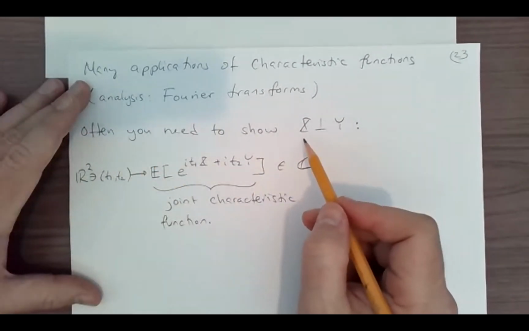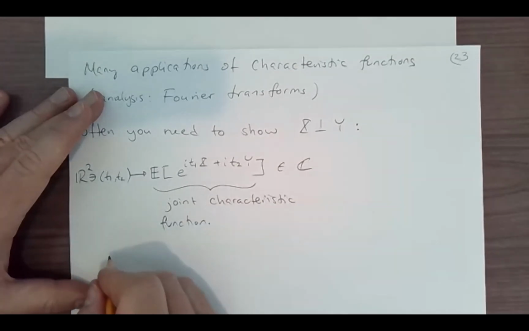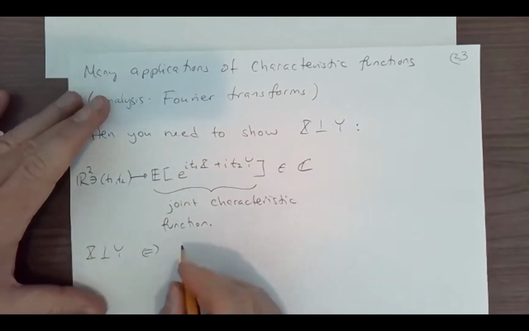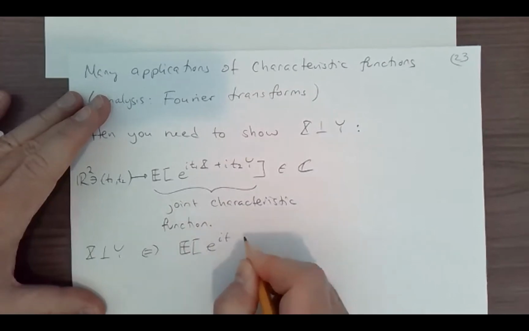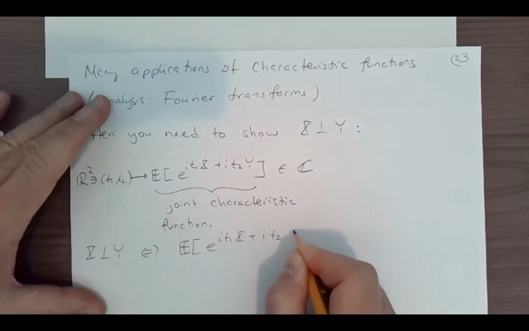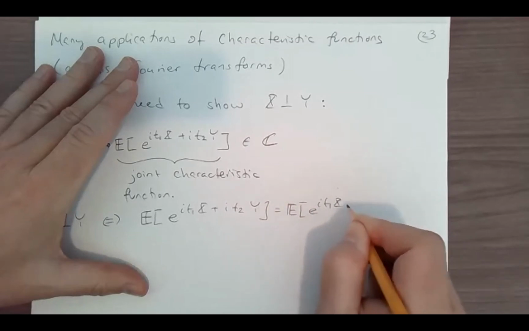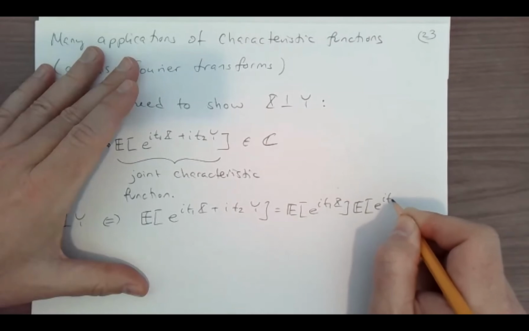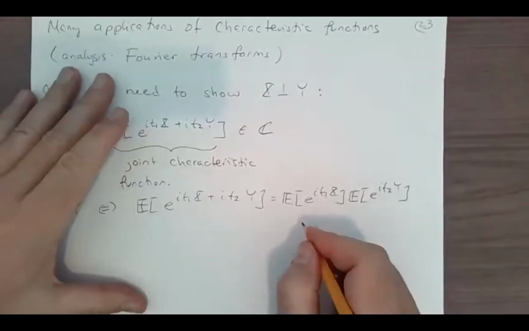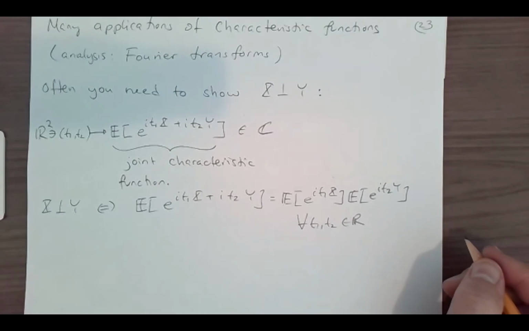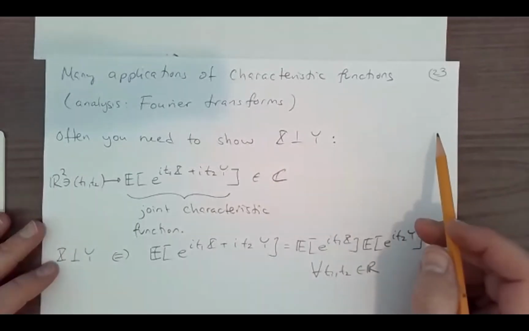So if you want to check that X and Y are independent, often you need to show this: X is independent of Y if and only if E of e to the I T1 X plus I T2 Y becomes the product, if and only if this is true for any T1 and T2 in R. So there are many applications of characteristic functions.